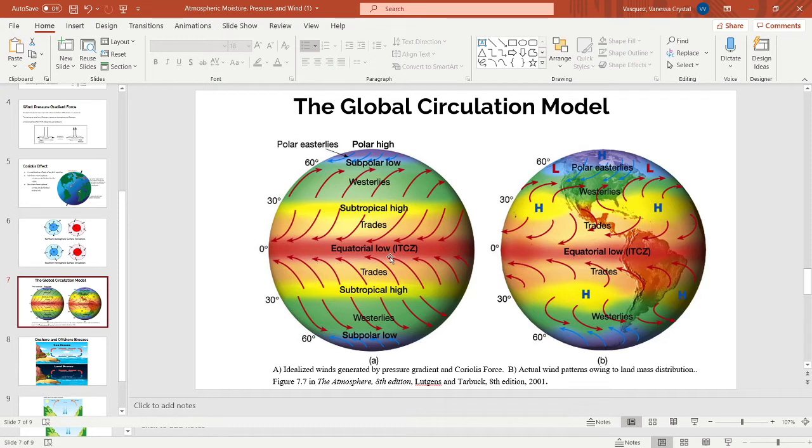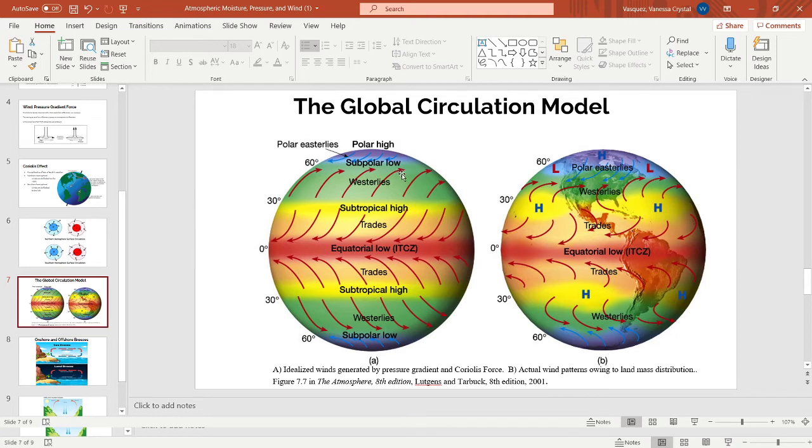Also we have the subtropical high pressure belt, which is a dynamic pressure system, meaning there are mechanisms in the upper part of the atmosphere forcing the air to sink. It's not associated with temperature, but with a mechanism that's forcing it. Then we have the subpolar low, also a dynamic pressure system.